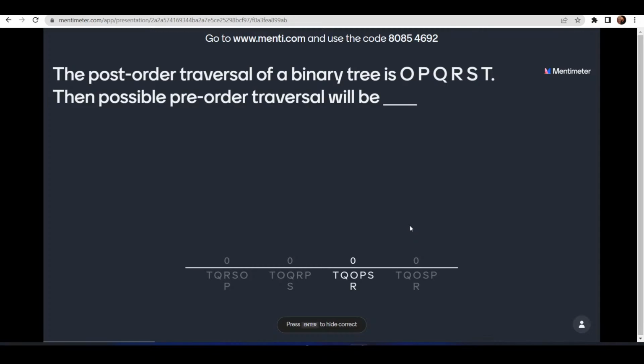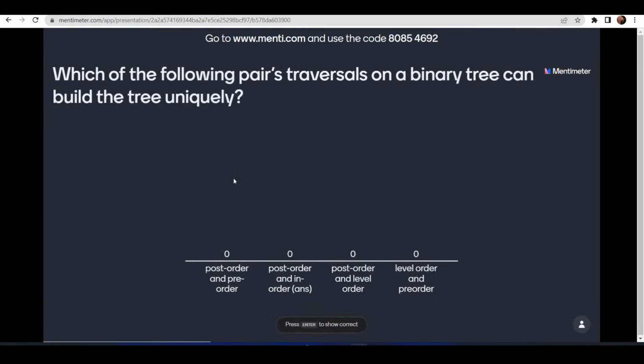Okay, so now we'll be moving to the next question. So here we are given the theoretical question: which of the following pair of traversals on a binary tree can build the tree uniquely?